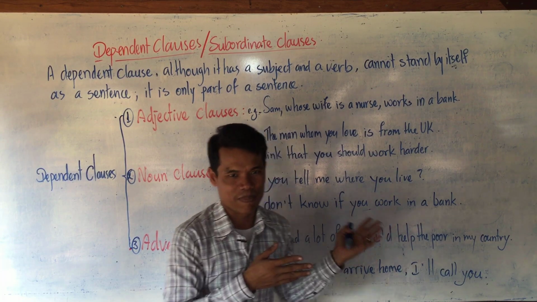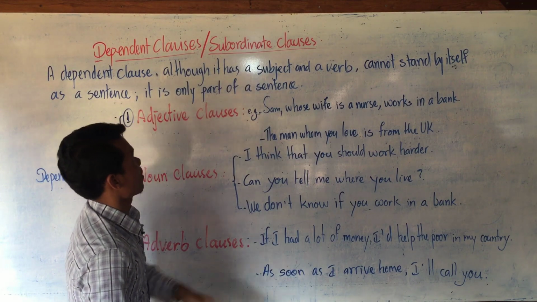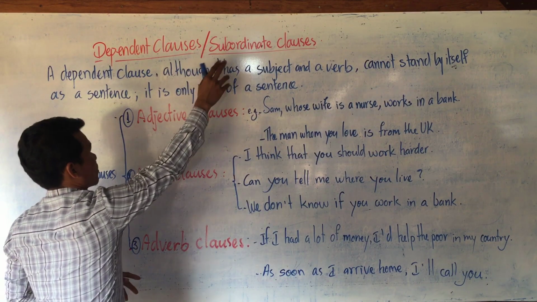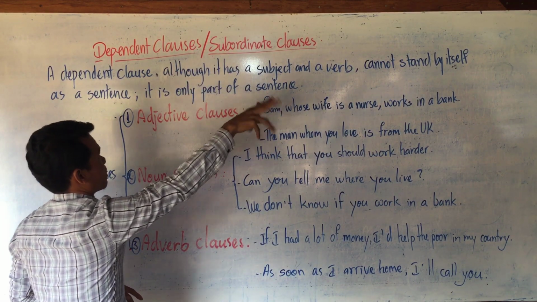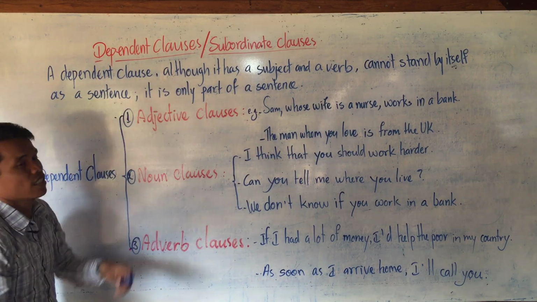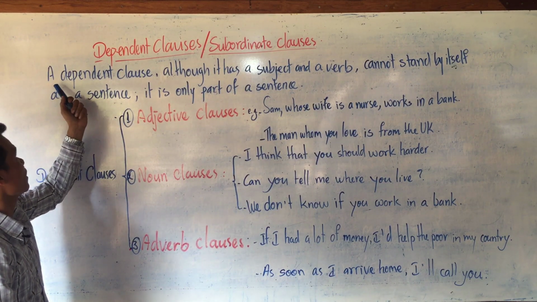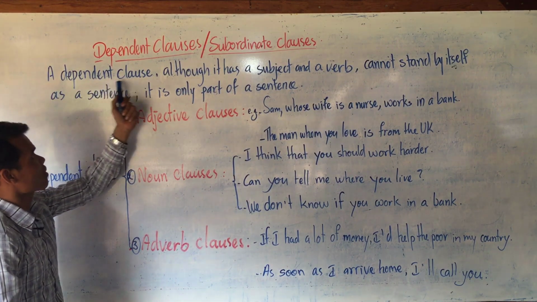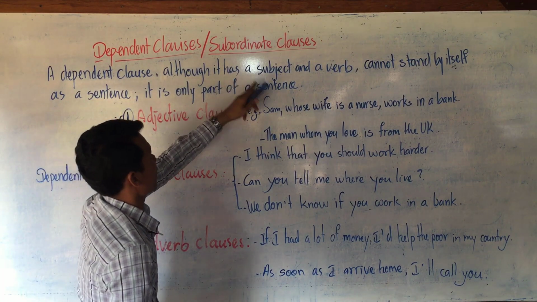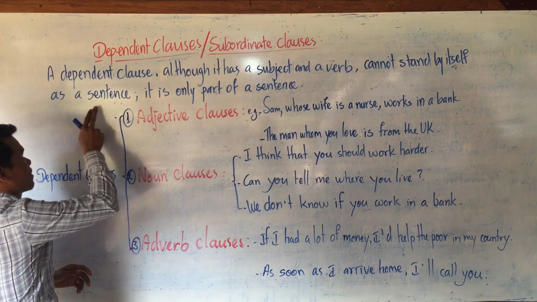So look at the board with me. Dependent clauses or subordinate clauses, the same thing, right? Some teachers call them subordinate clauses and some teachers call them dependent clauses. I prefer dependent clause or DC. Definition of dependent clause: a dependent clause, although it has a subject and a verb, cannot stand by itself as a sentence.